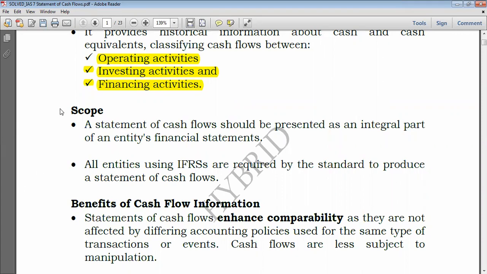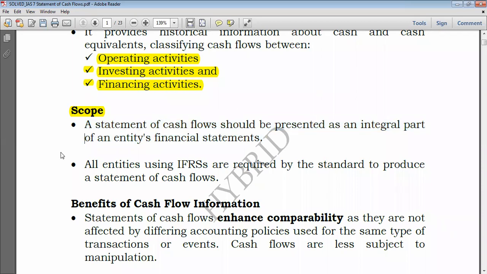And so we can just go to the scope here. To what extent should we use the statement of cash flows? Is it limited or not? A statement of cash flows should be presented as an integral part of the entity's financial statements, as I just spoke them out. I said statement of profit or loss and other comprehensive income, statement of financial position, statement of changes in equity, and notes to the financial statements.